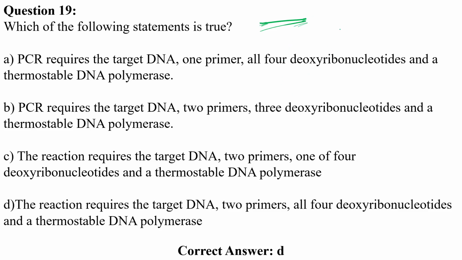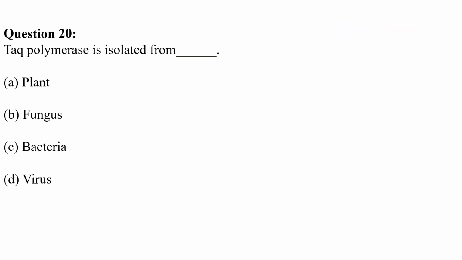Then you need all four deoxyribonucleotides, because you don't know what has to be incorporated, so you need dATP, dGTP, dCTP and dTTP. Finally you need a thermostable DNA polymerase like Taq polymerase. I hope that's clear.